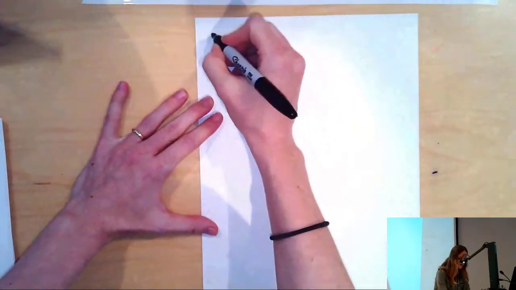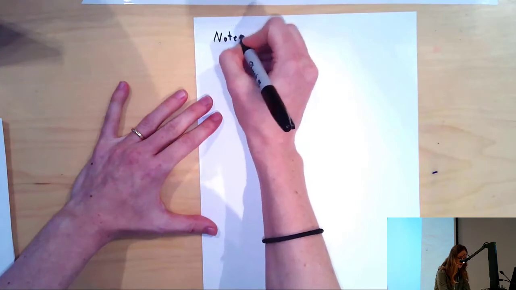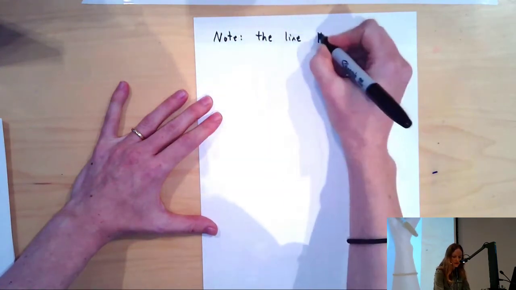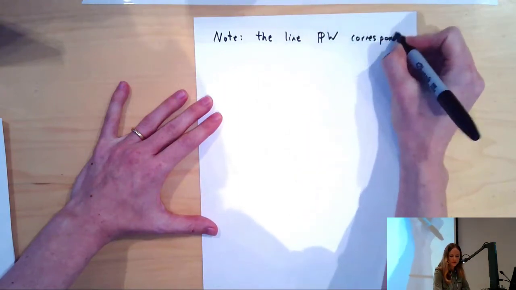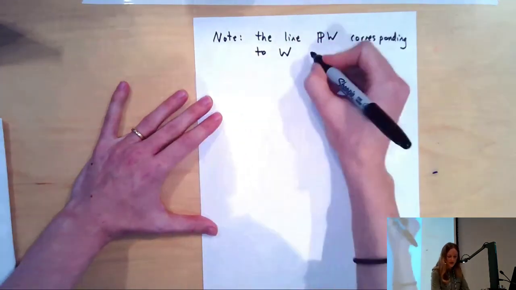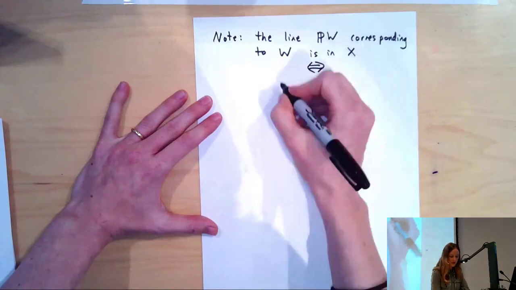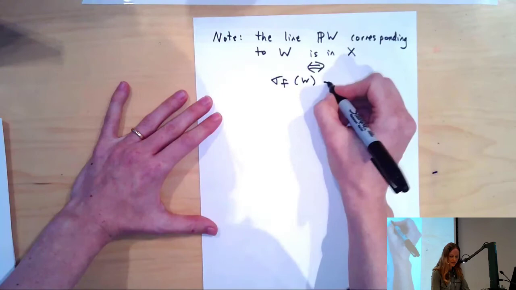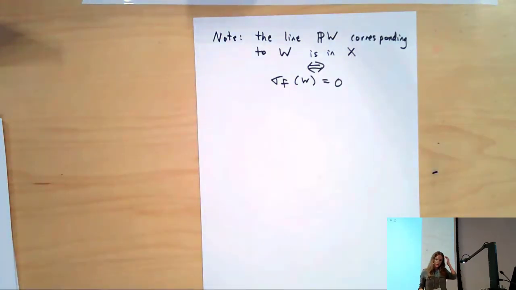So, remark, the line P of W corresponding to W is in X if and only if W is a 0 of the section. So we've changed our problem.